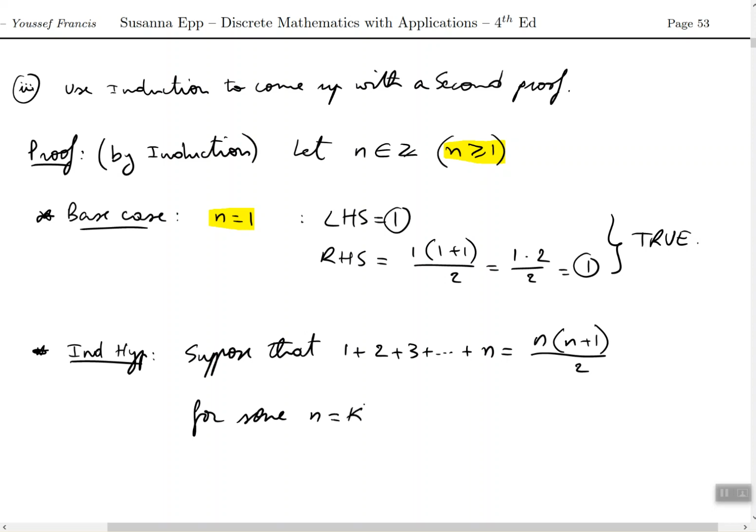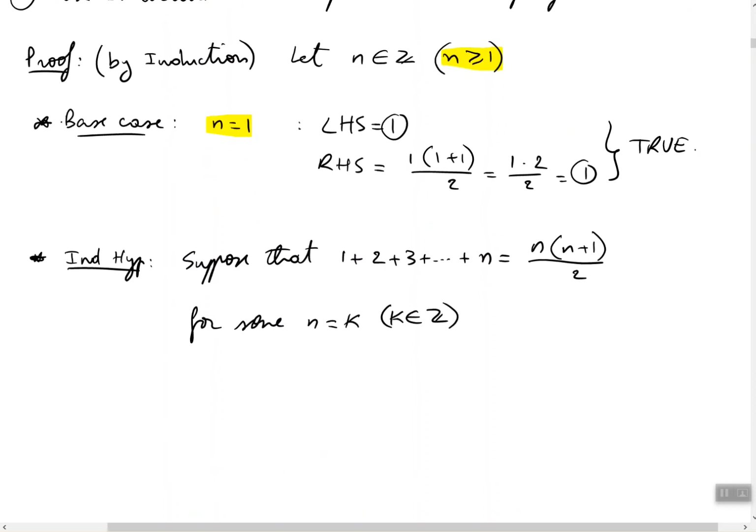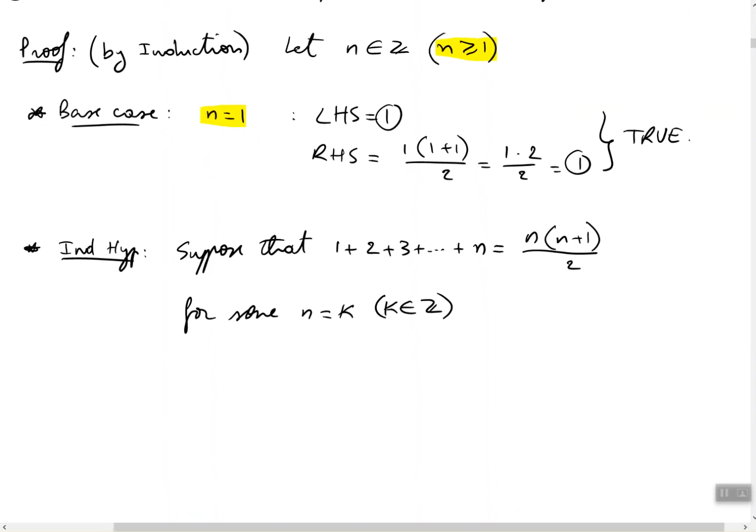So for some random integer, we suppose that this statement is true, and we want to show that the statement holds for the next one. So I'm going to write that down. I want to show that the theorem, the statement, the proposition, the conjecture holds for n equal to k plus 1.